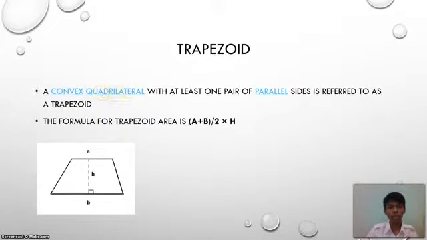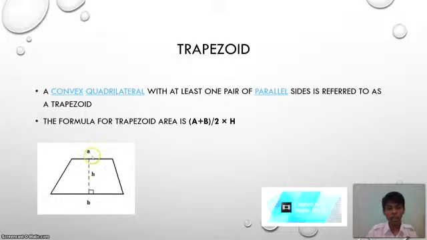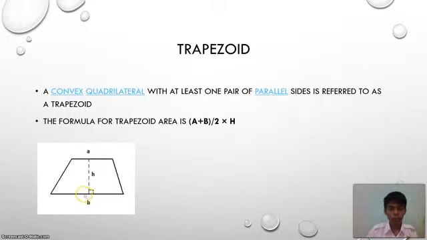A trapezoid is a convex quadrilateral with at least one pair of parallel sides. The formula for trapezoid area is (A plus B) over 2 multiplied by H. What is A? What is B? A is the shorter side, and B is the longer side of the trapezoid.